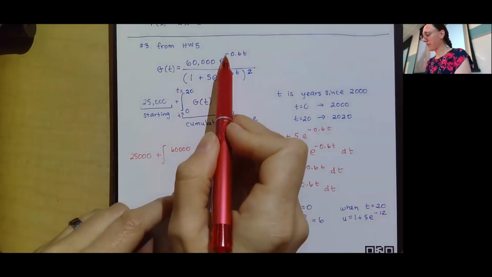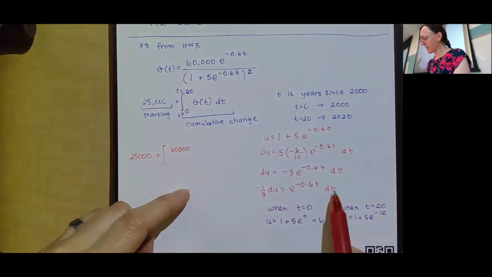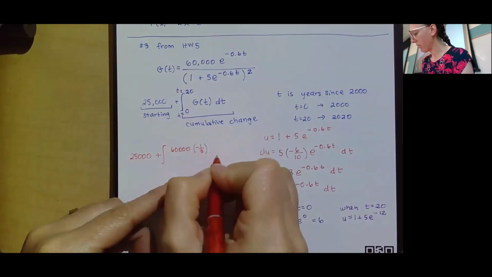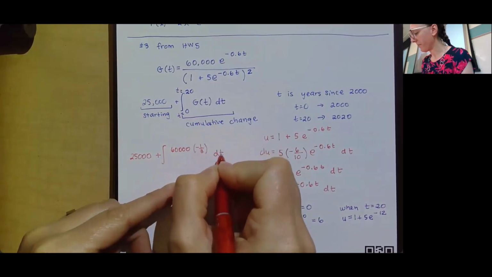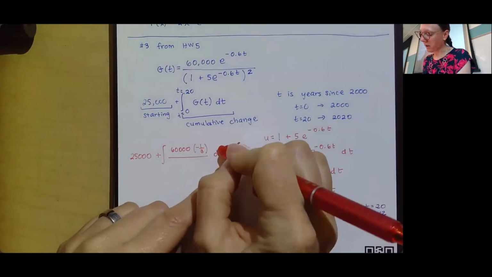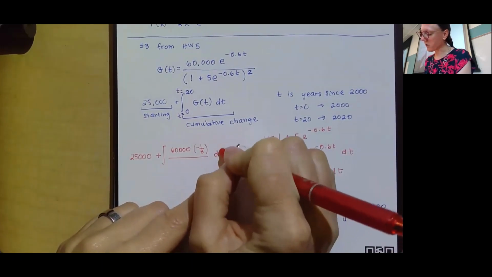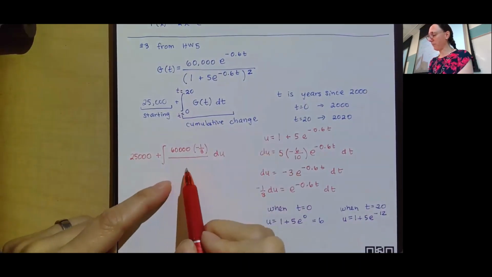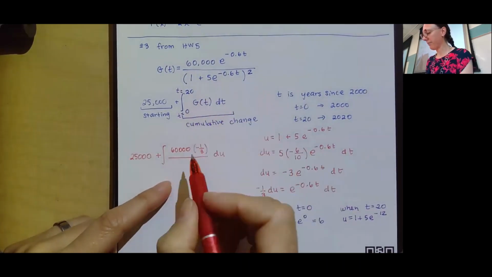The e to the negative 0.6t dt becomes negative 1/3 du. We're translating this to u's. And on the bottom, that's u squared.